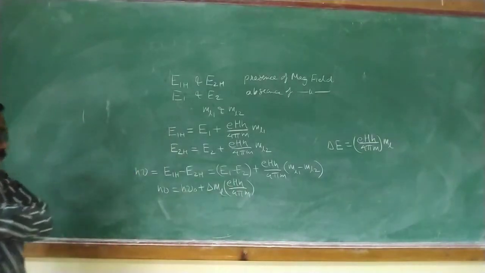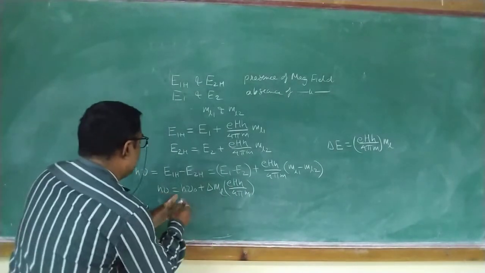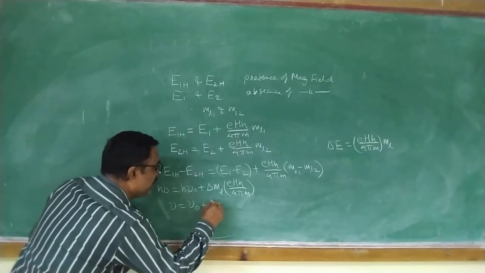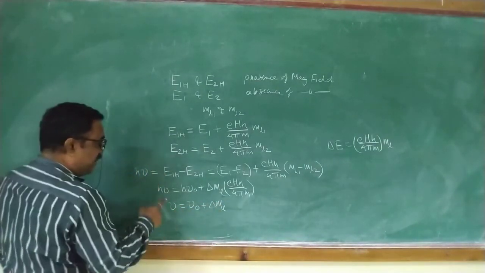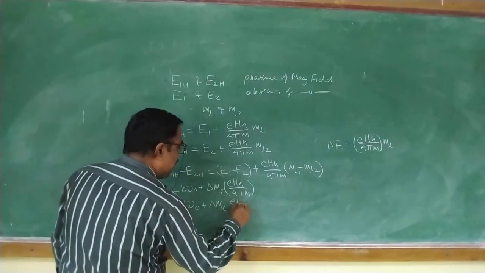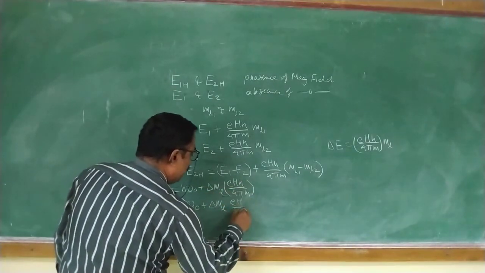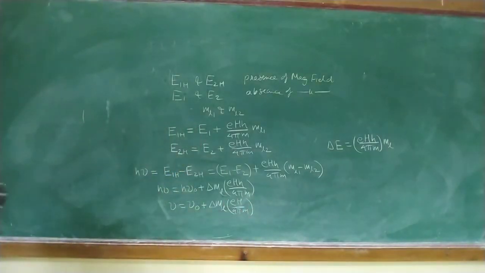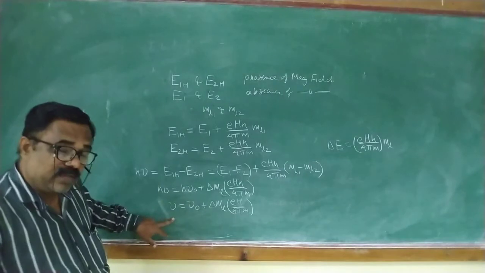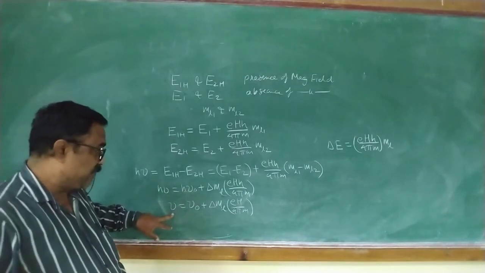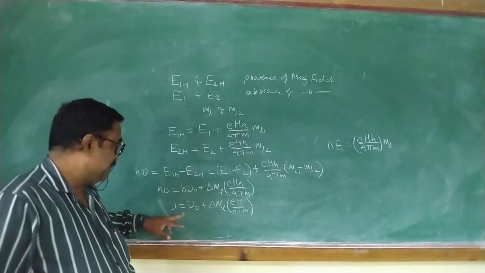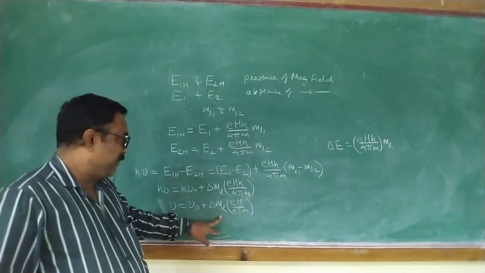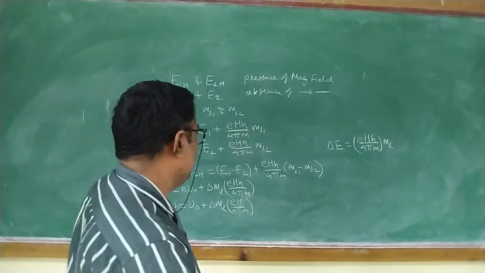Or you can put this as nu is equal to nu 0 plus delta ML times EH by 4 pi m h, where we divide by h and the capital H cancels. Now this is the equation for frequency in the presence of magnetic field. Nu 0 is in the absence of magnetic field, and the other term is the change in the frequency.